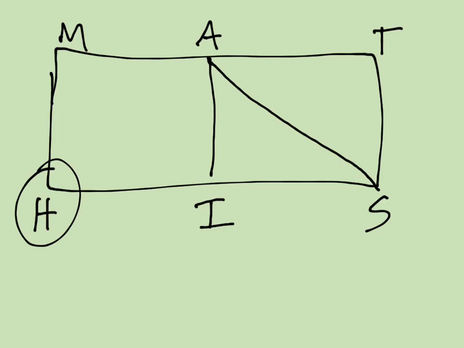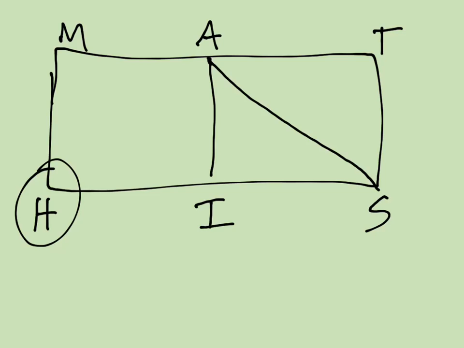Well, I could call this angle H because there's only one angle H. Or I could call it angle MHI, or MHS, or IHM, or SHM. I think that's all the different things I could call it.